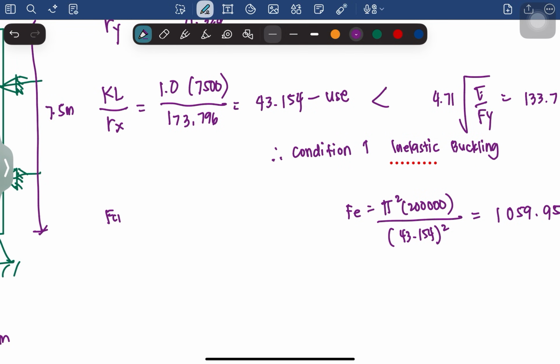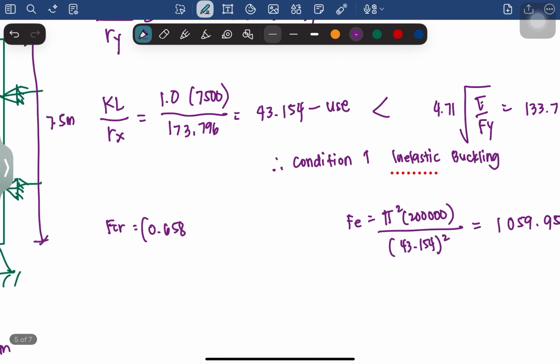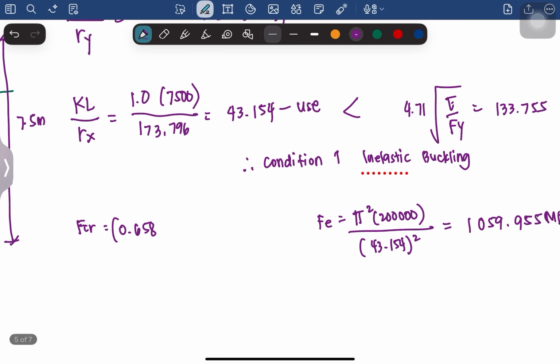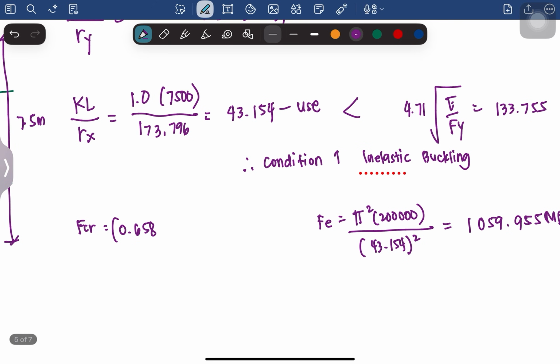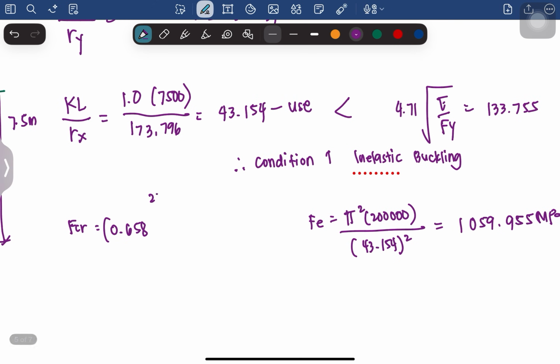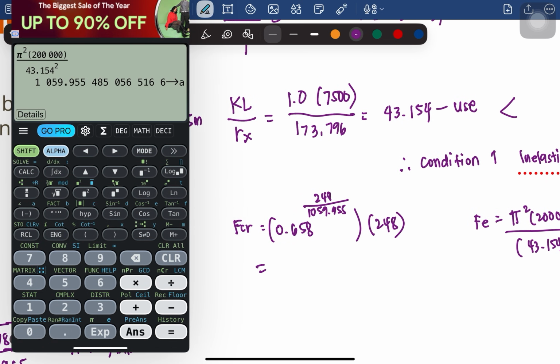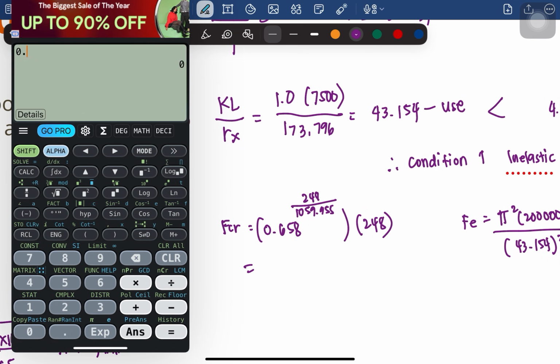Then, yung Fcr natin is equal to 0.658. So, masyadong malakas yung section, gawa ng maliit lang yung slenderness ratio niya. So, malakas siya. So, Fy is 248 over 1,059.995 times 248. So, Fcr is 0.658 to the 248 over A times 248.